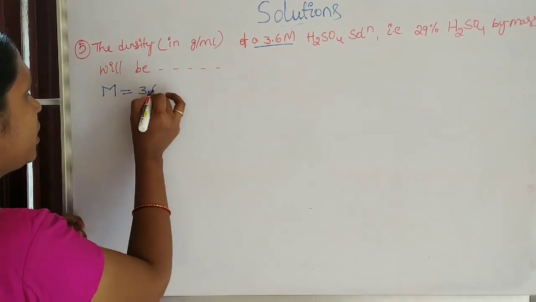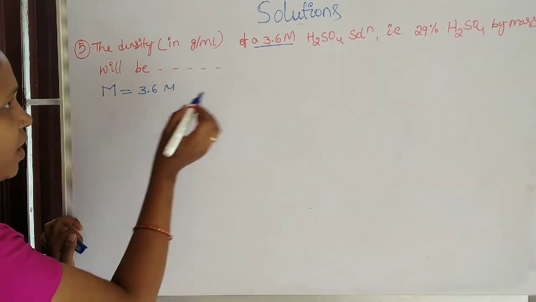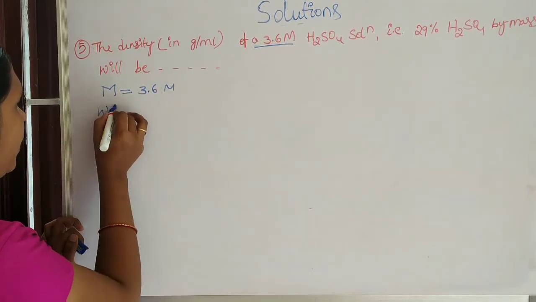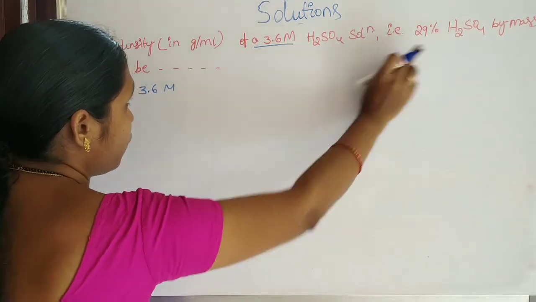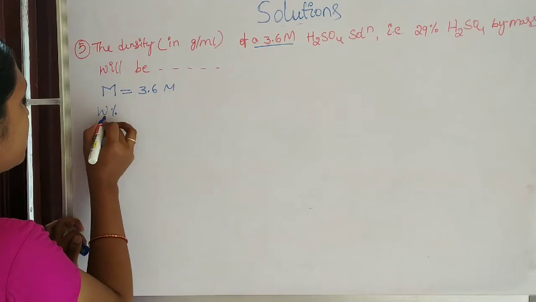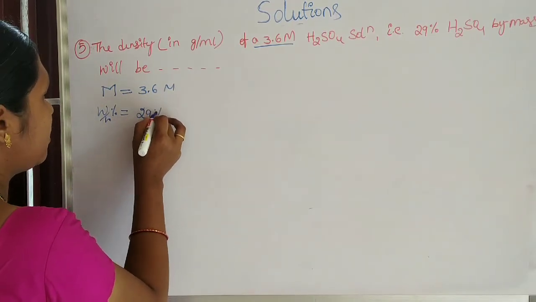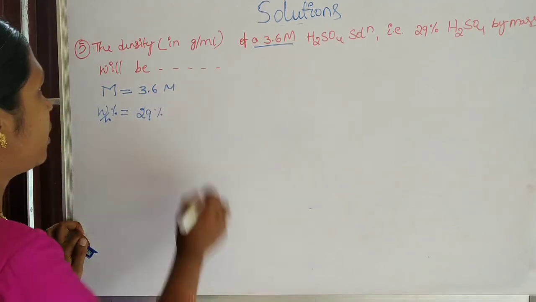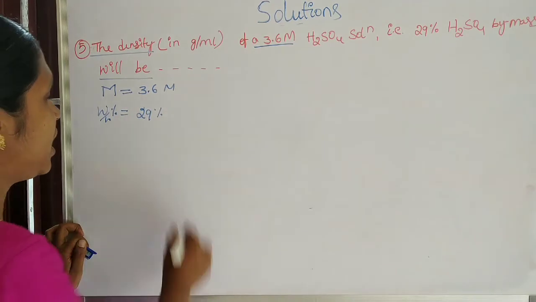Molarity is 3.6 molar. And the solution has a weight percentage, by mass. 29% H2SO4 by mass means weight by weight percentage is 29%. Okay, what he asked, the density, how much is the density?